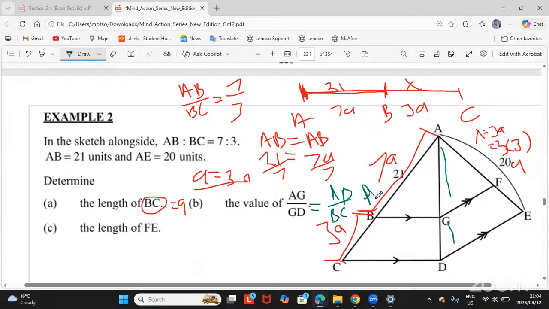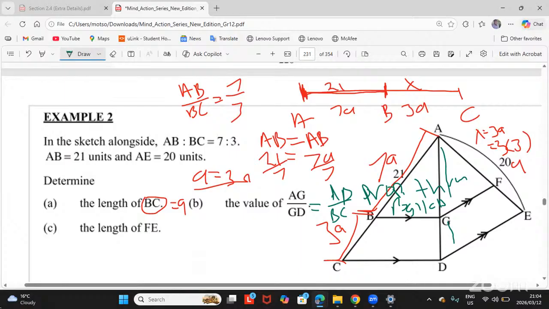It is because of the proportionality theorem. Why do we say this is the proportionality theorem? Because BG is parallel to CD, right? I hope that makes sense to you guys because we are going to use this a lot. It's just a matter of playing around with this proportionality theorem.